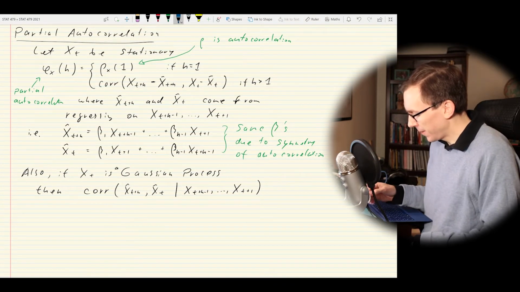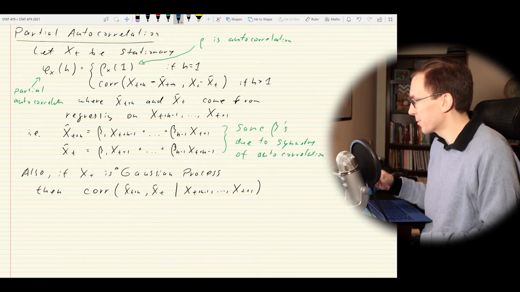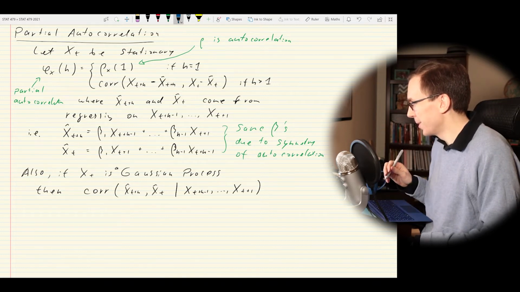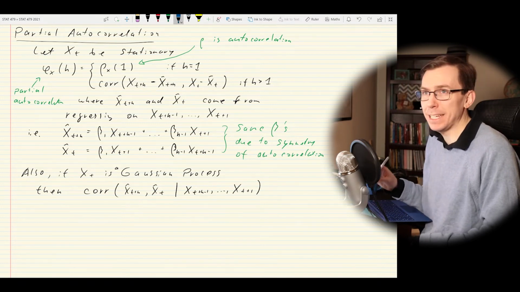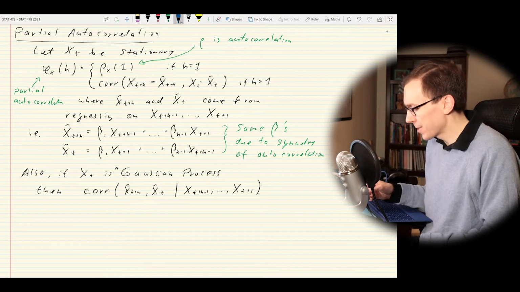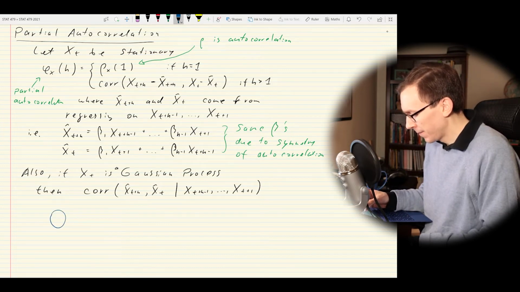So, the picture that I want to draw before we move on to actually discussing how ACF and PACF can be used to understand time series data.